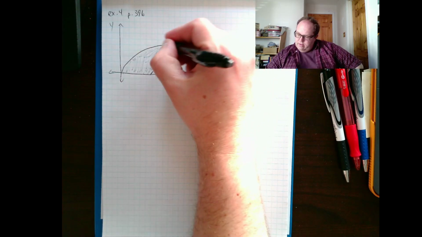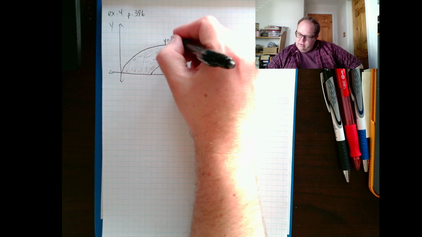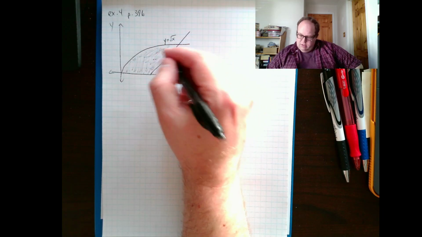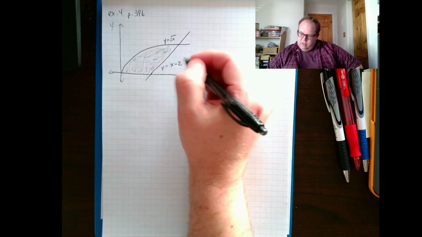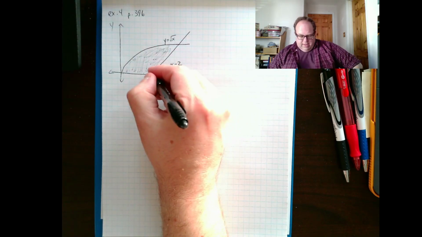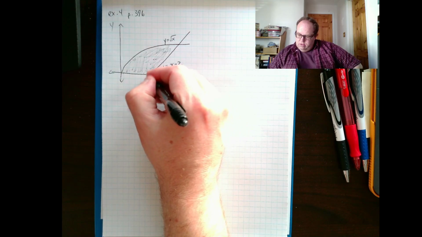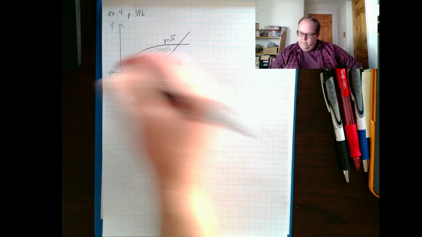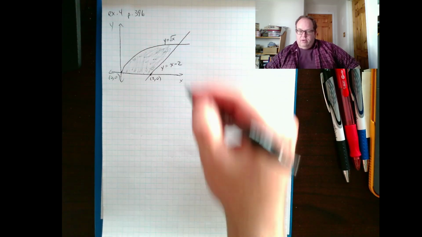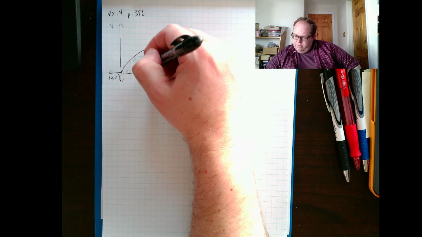The upper line is y equals root x. The linear function is y equals x minus 2, which of course has x-intercept at 2. So in this case, I'm going to break this area up into two different regions.